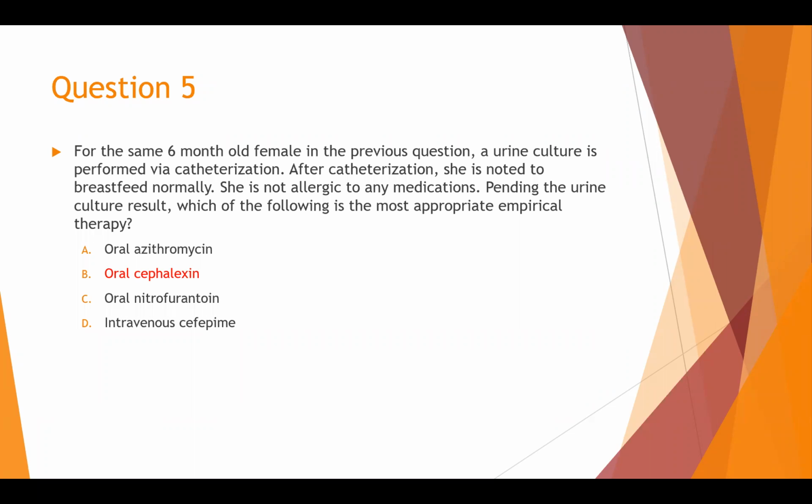Again, if this kid's admitted, it wouldn't be wrong to go ahead and give her a dose of Rocephin. But if we're taking good PO, you can just stick with, you could have done Bactrim or Keflex. And then the nitrofurantoin, I would be a little nervous about doing, especially in a 6-month-old, because I'd be worried that she does have pyelo and that would not penetrate the kidney well.